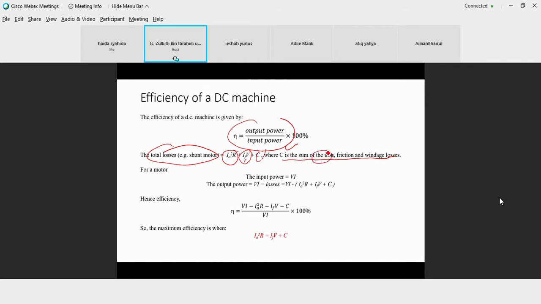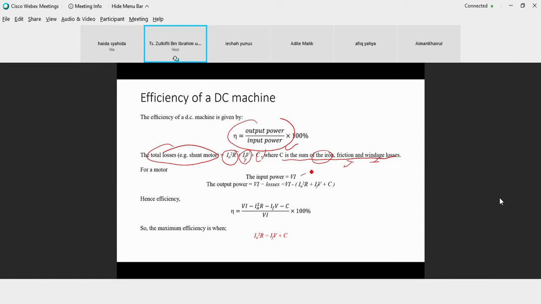Friction and windage we cannot measure directly, so we need to subtract from the total power. You subtract all the losses that you have measured, then you will get the friction and windage losses.